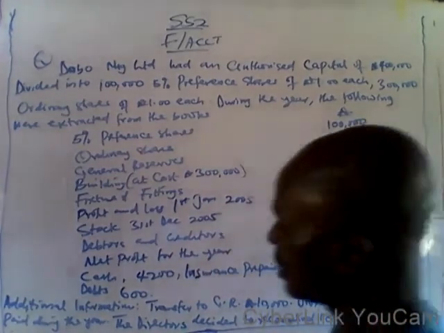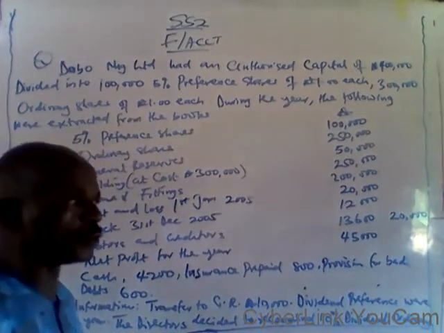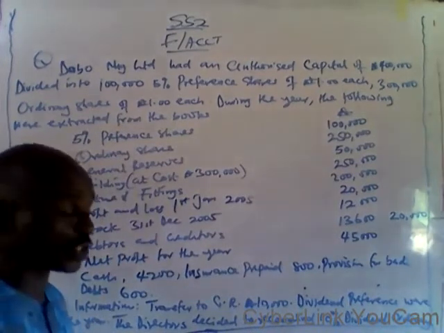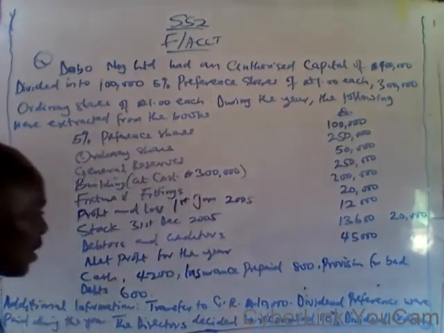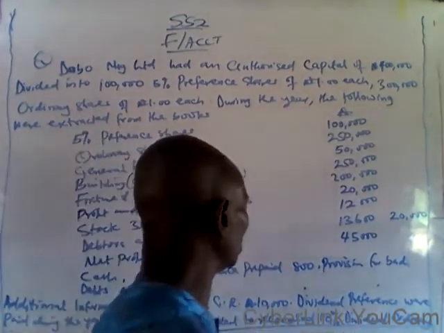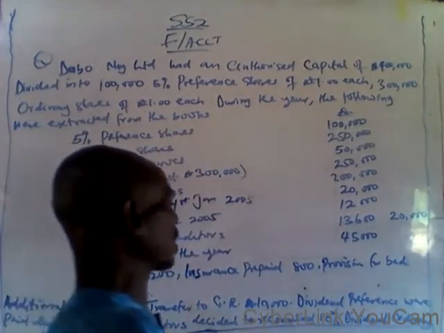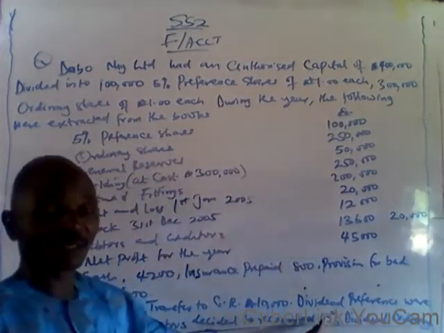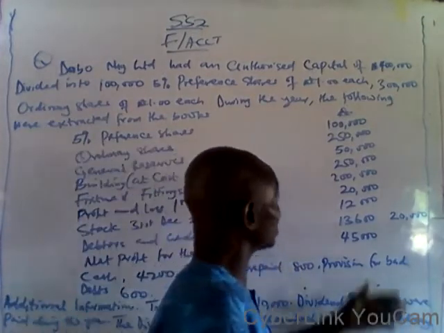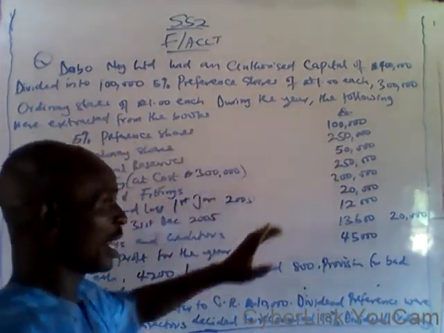The dividend not paid during the year is an accrued dividend, or the dividend that is still owing. That's why you check the additional information very well. We have the dividend on preference share, which was paid during the year. The directors decided to recommend a 10% dividend on ordinary share. 10% of 250,000 will give us 25,000.